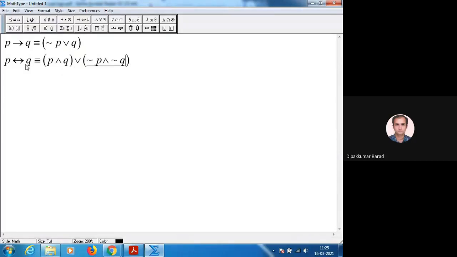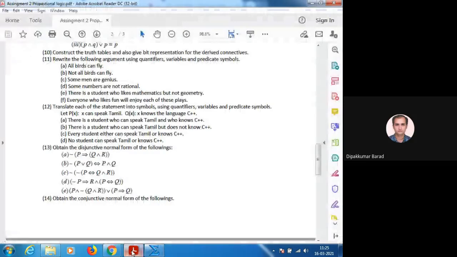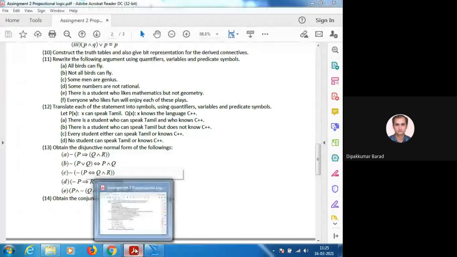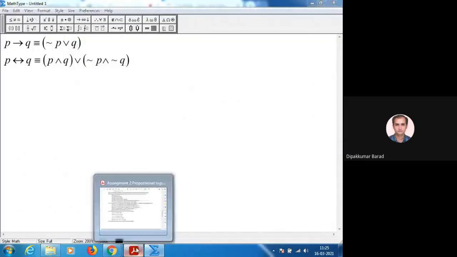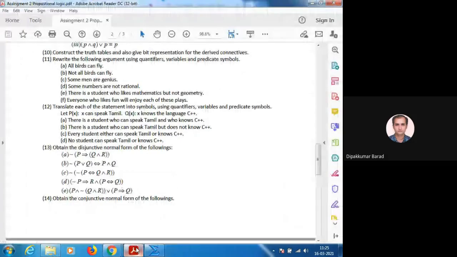Now instead of P and Q, it might be any statement. Like in the example, you can compare this whole as your P and this as your Q. In this way also you can compare. But not only this logical equivalence, you also require the distributive property and De Morgan's law to convert into disjunctive normal form.